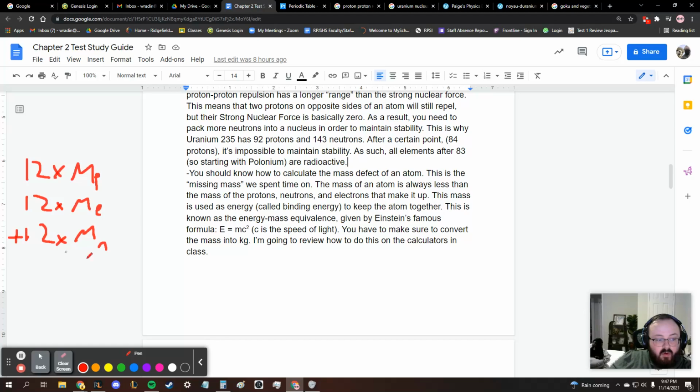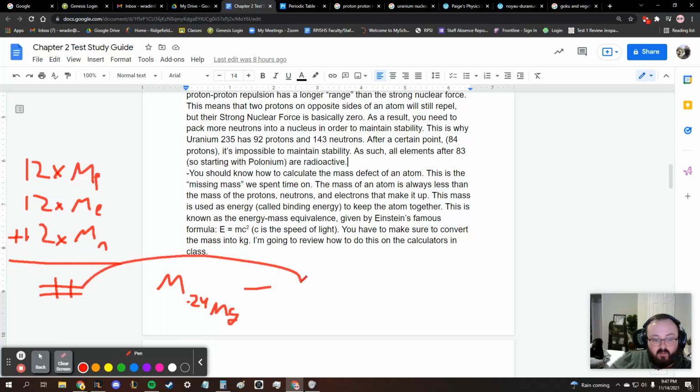You would add up all of this, and that will give you a number. Then you subtract this number from the mass of, in this case, magnesium 24. So you take the mass of magnesium 24 minus this number, and that gives you the mass defect in Daltons.